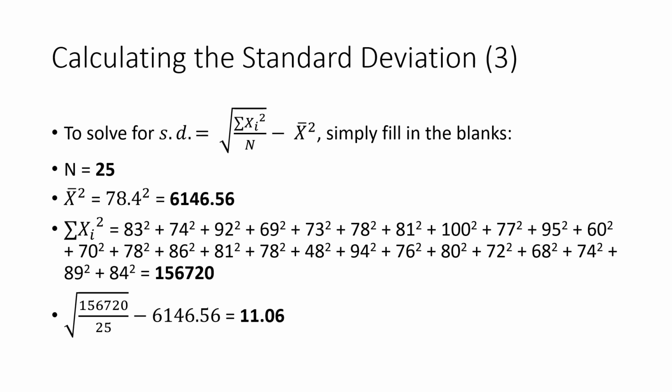And this 11.06 tells you something about the extent to which the scores are spread around the mean. Okay, thank you very much for bearing with me. And again, I would encourage you to try and do this arithmetic yourself.